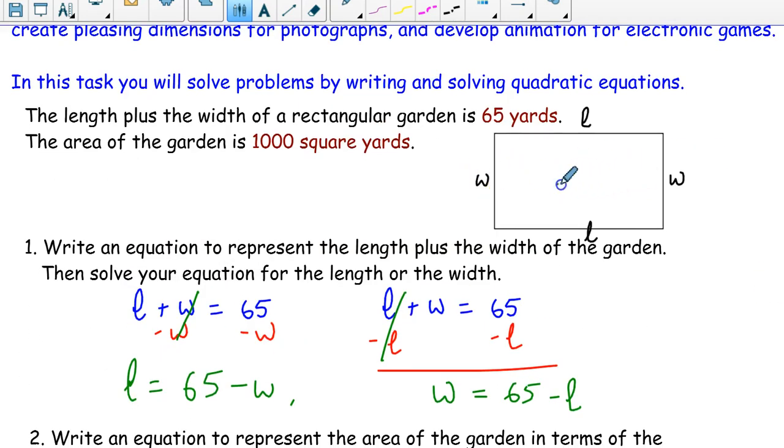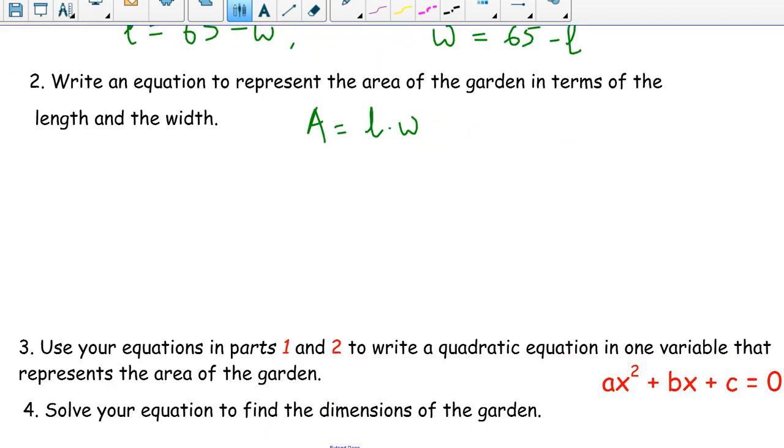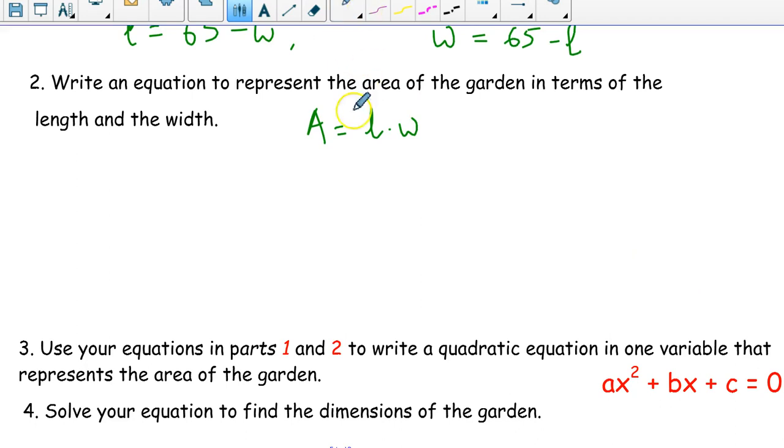This L times W gives you the area of the rectangle. And what is the area given to us? It is 1000 square yards. So I write this product, the length times width, is equal to the area, which is 1000.